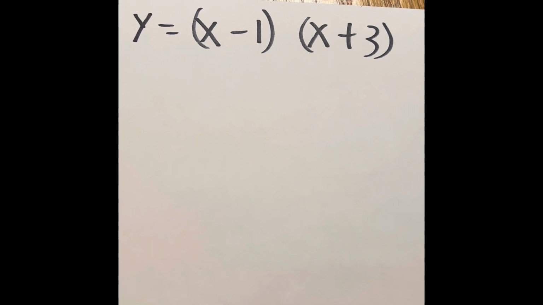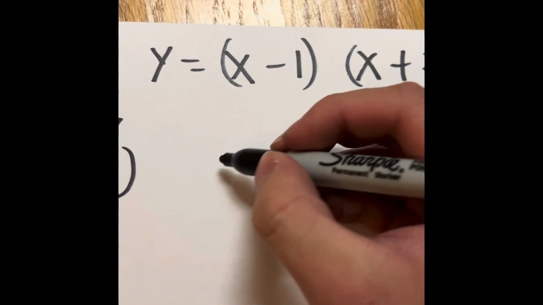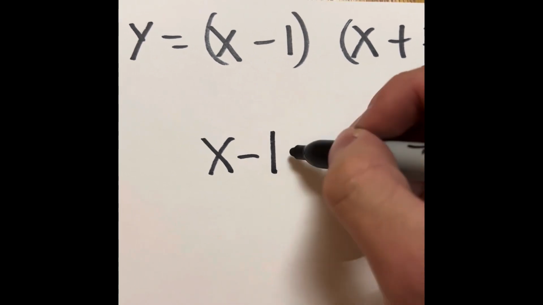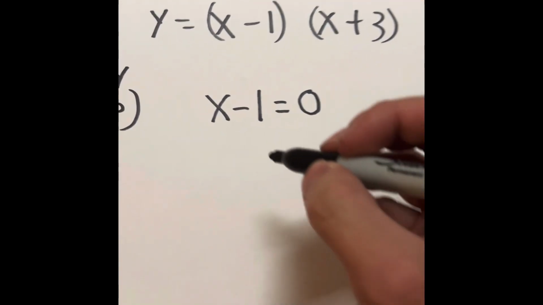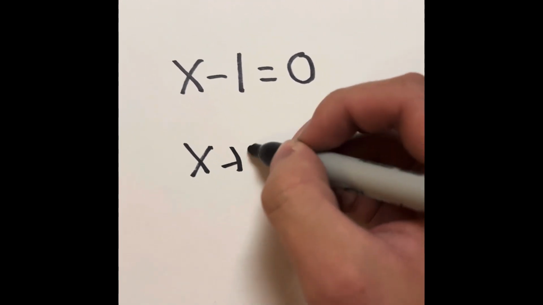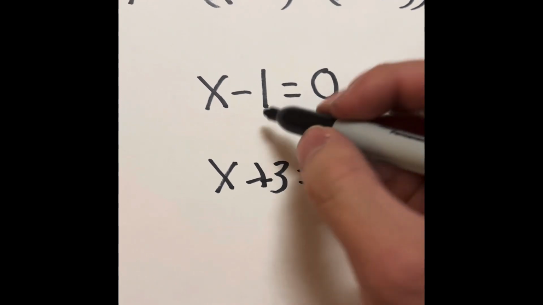One way we could do this is called the zero product property, or ZPP. So here's what happens. X minus 1 equals 0, assuming it's an x-intercept. X plus 3 equals 0, also assuming it's an x-intercept.